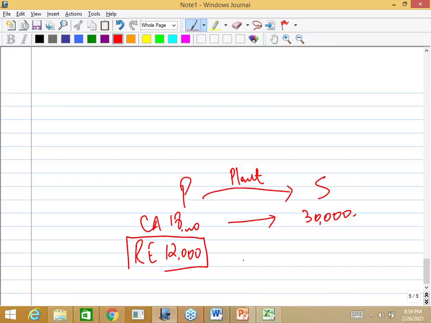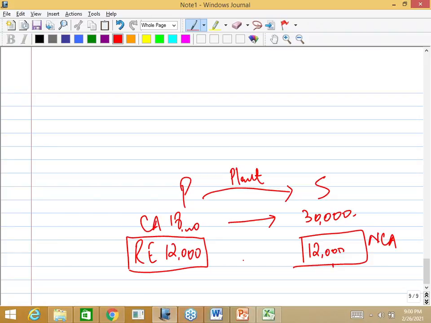Similarly, there is a profit of 12,000 in non-current assets.